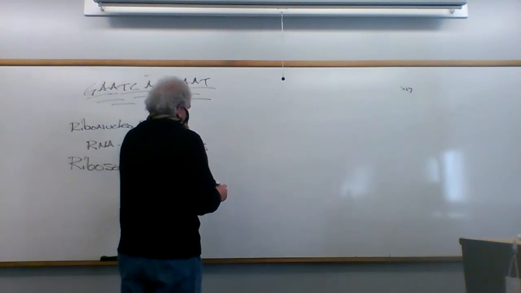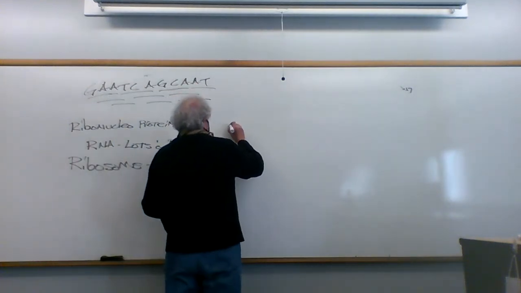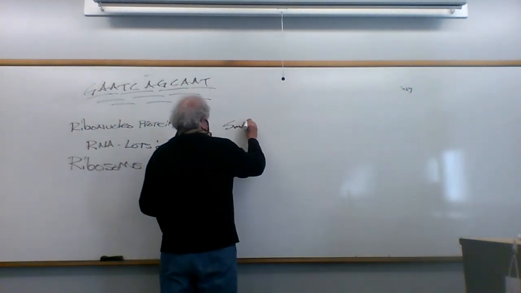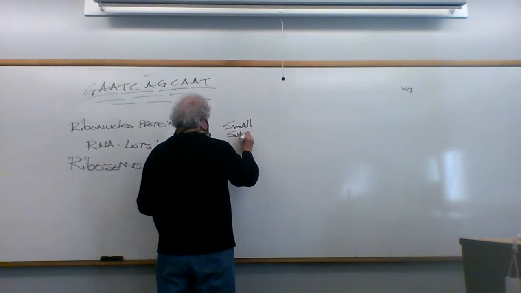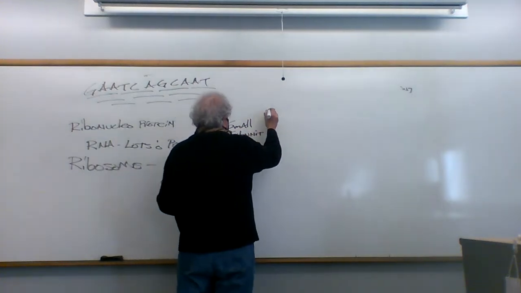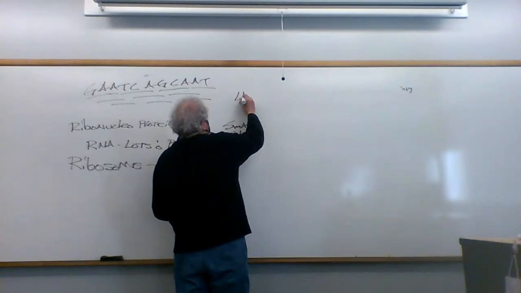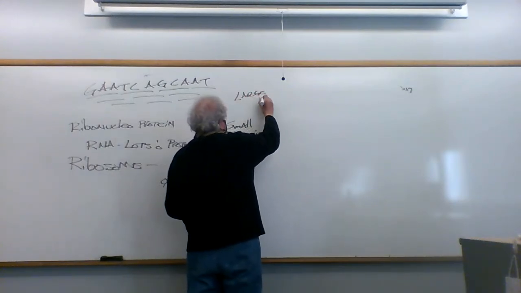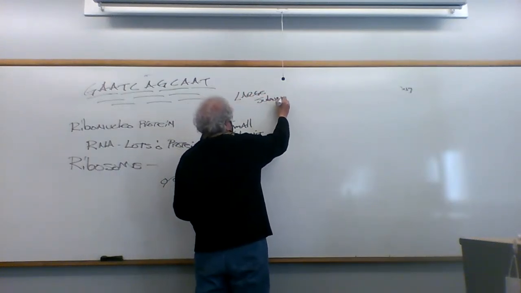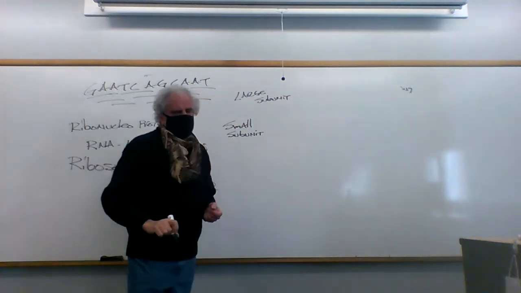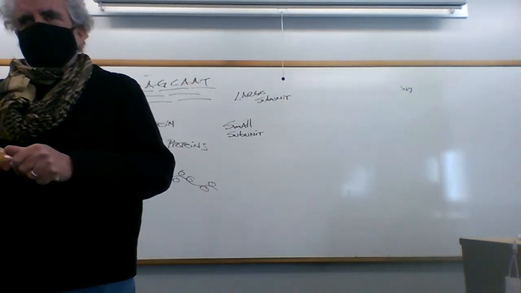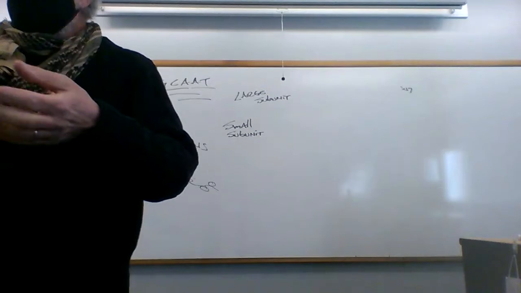Ribosomes are made up of two parts. There's what's known as the small subunit and the large subunit. And they're given these terms like 70S and 60S.